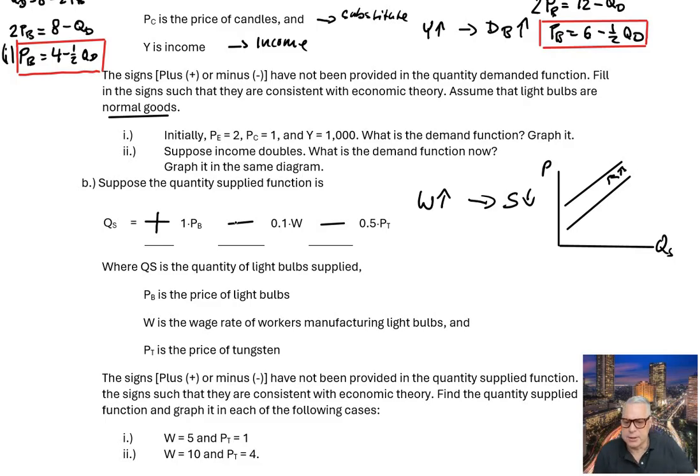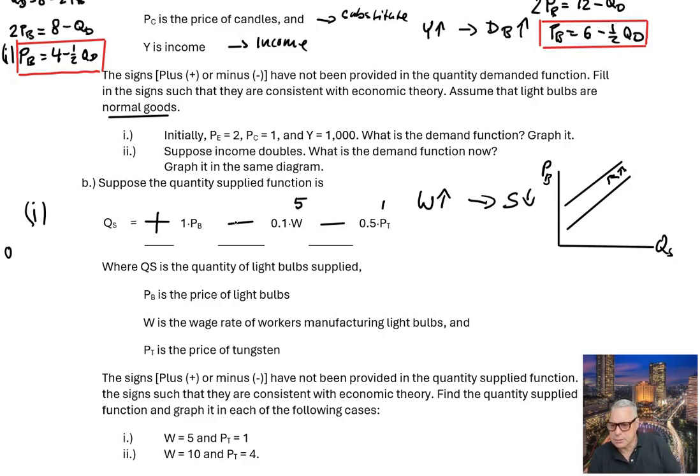Okay, so now we have again two scenarios, and I'll put the first scenario here. First the wage is 5 and the price of tungsten is 1. So if this is 5 and this is 1, then what do we get?